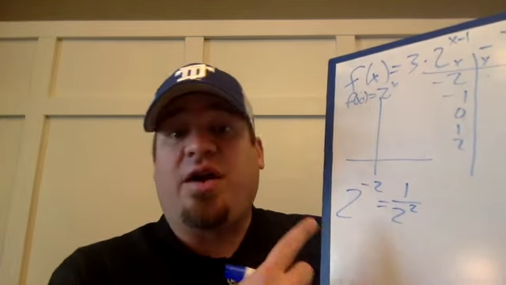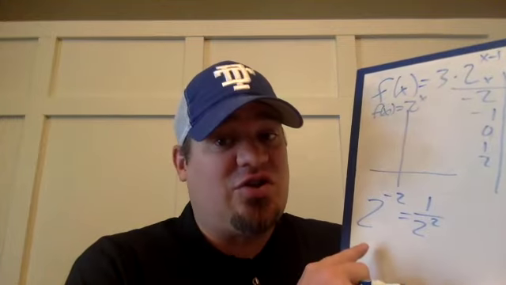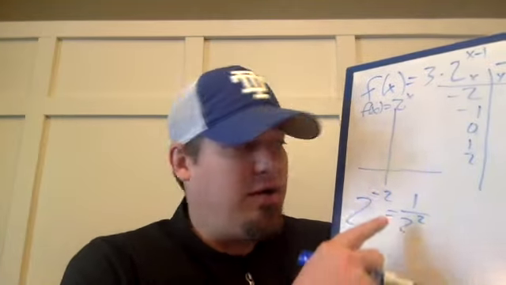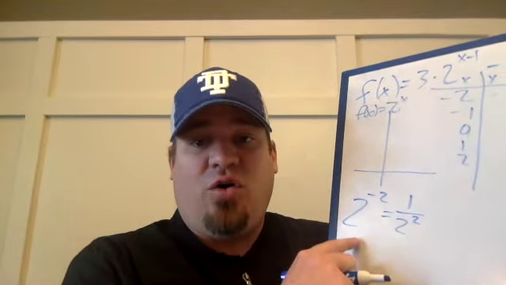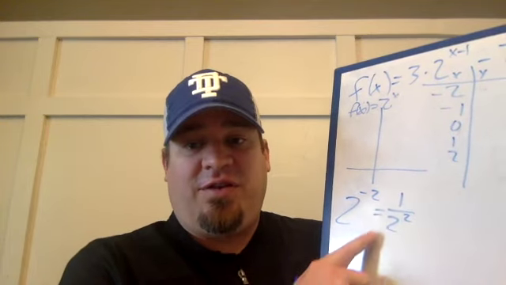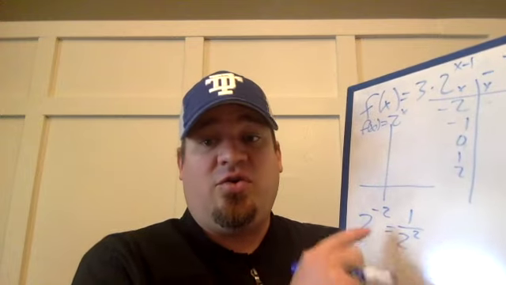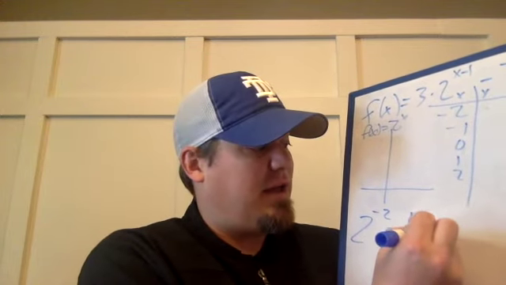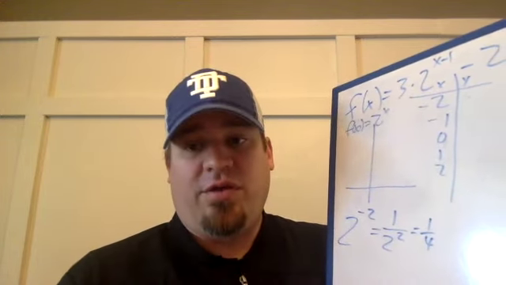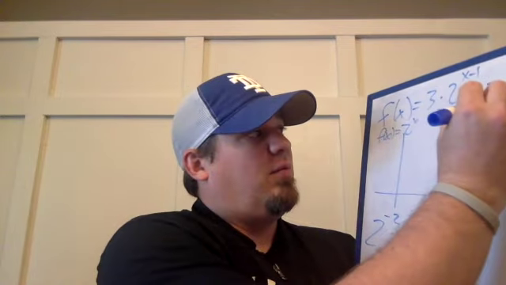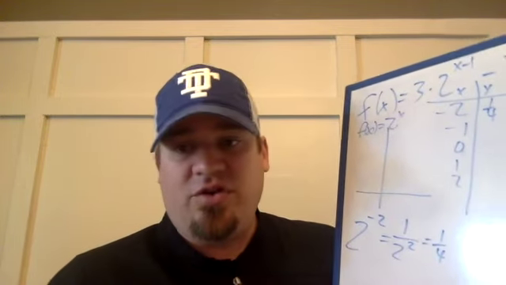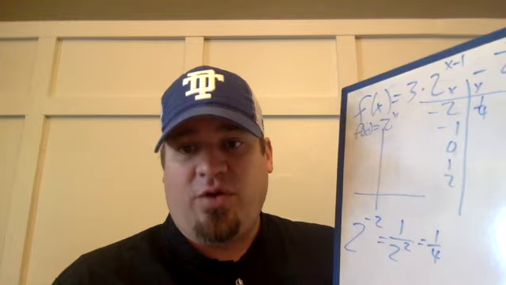That's how negative exponents work. It doesn't make it -4. A negative exponent does not make the whole value negative. It flips the number to the other side of the fraction. So 2 to the -2 power is actually 1/4.